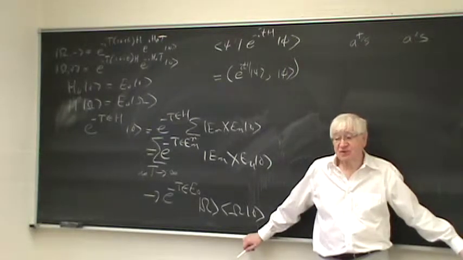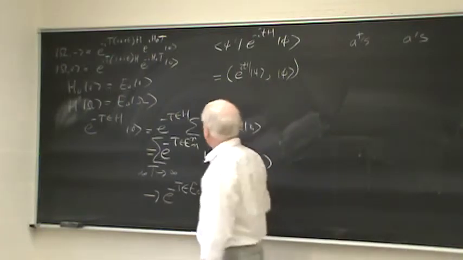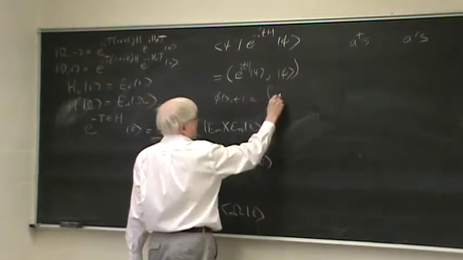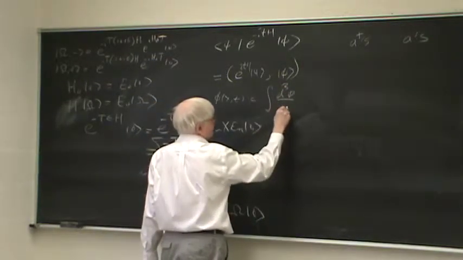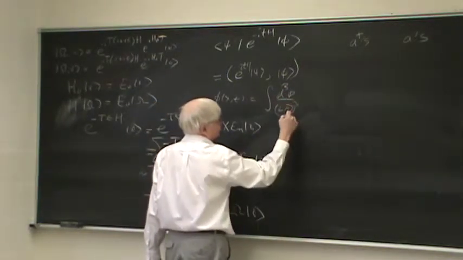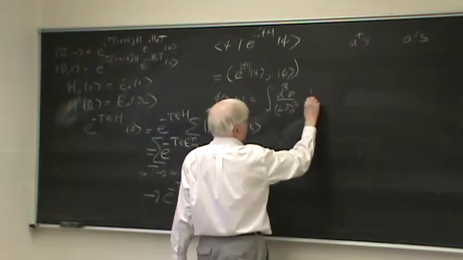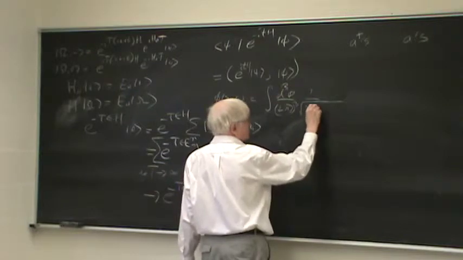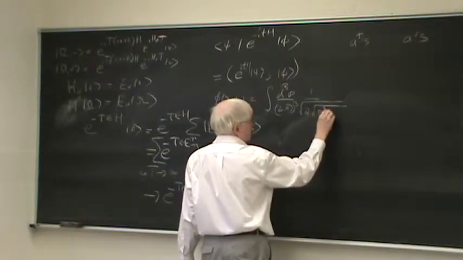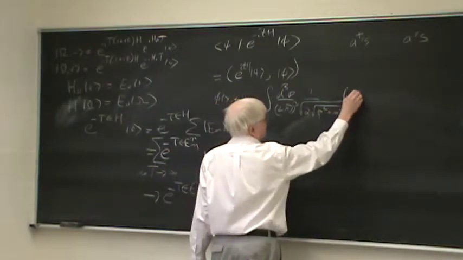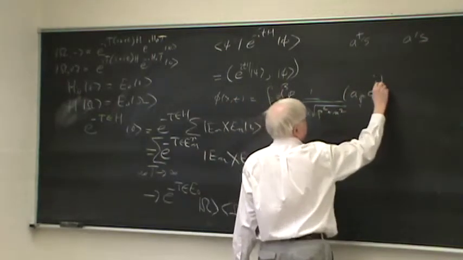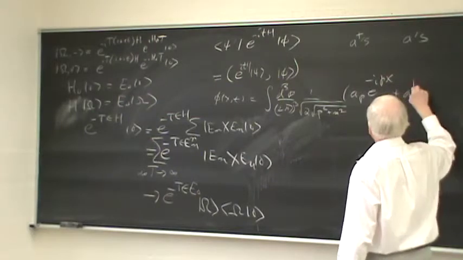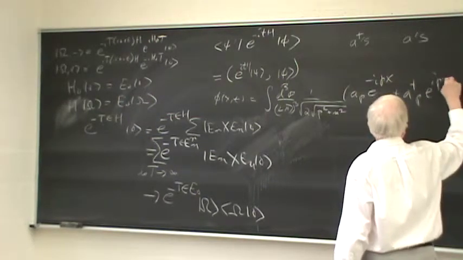And the annihilation and creation operators come about from expanding, in the case of a scalar field, you expand this in terms of d^3p over (2 pi)^3, 1 over square root of 2 omega_k. Well, that's 2 square root of p squared plus m squared. And then you say a(p) e to the i. In Schwartz's notation, it's this. Okay.